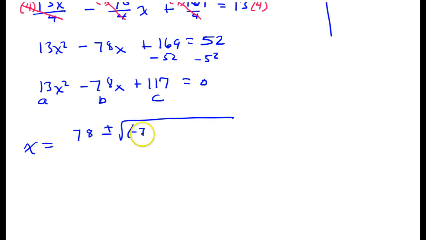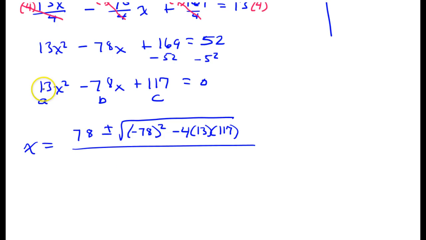So that's negative 78 squared minus 4ac, all over 2a. Well, 2a, that'll be 26. The part underneath the radical is called the discriminant.